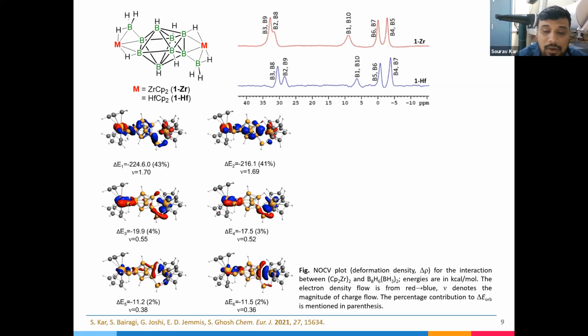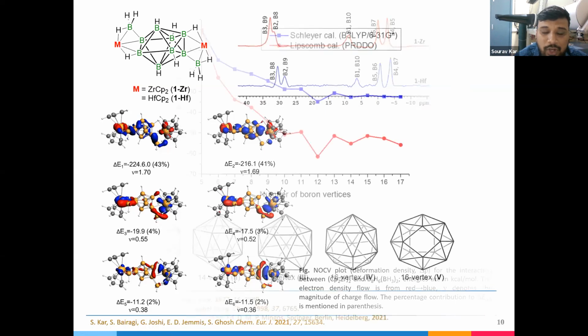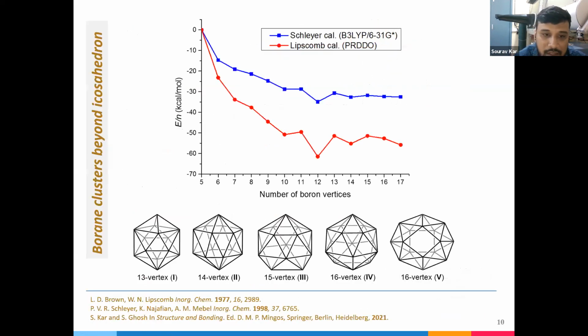Now moving on to higher vertex clusters. Till date, no cluster has been isolated beyond the icosahedron. So what may be the reason?